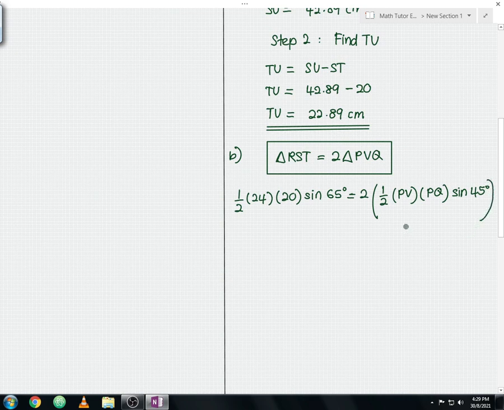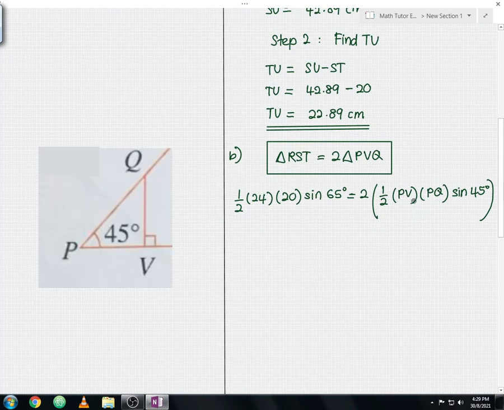The reason we select the length PV and PQ is because length PV and length PQ are connected together with the sine 45 degree. So this length and this angle are sufficient for us to calculate the area of triangle PVQ.